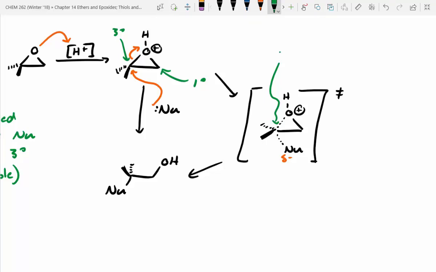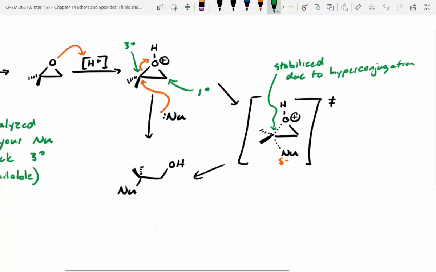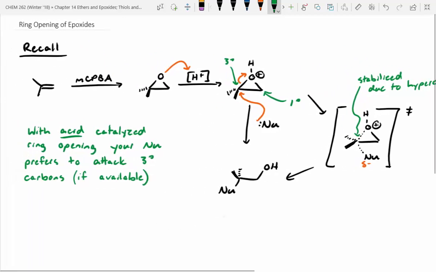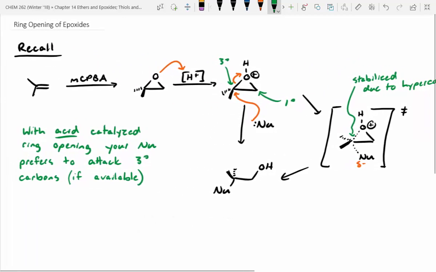So that carbon is stabilized due to hyperconjugation. And we know that tertiary carbons are a heck of a lot more stable than primary or secondary carbons, back from our chapter where we covered carbocations, right? All right, so that's the story with tertiary carbons. However, we do have a weird example.